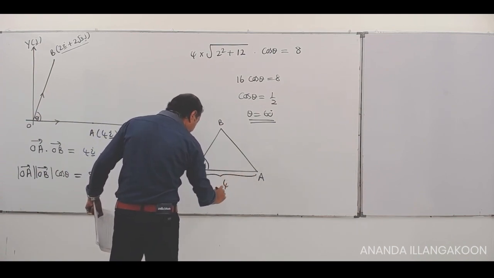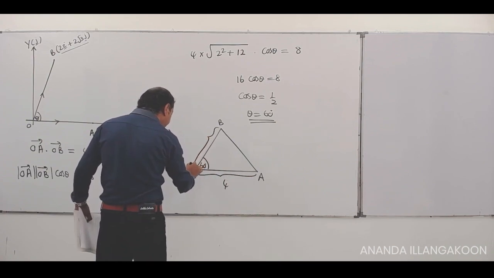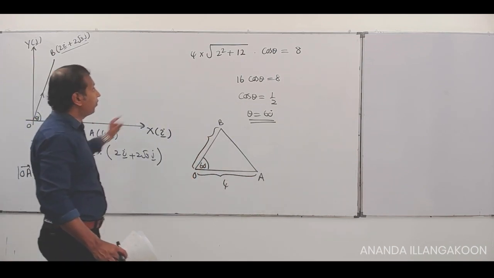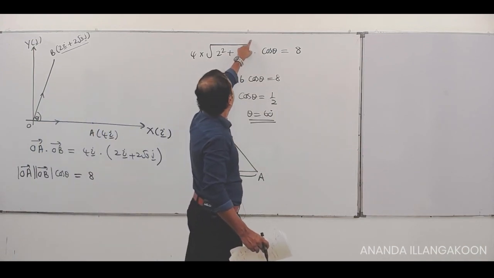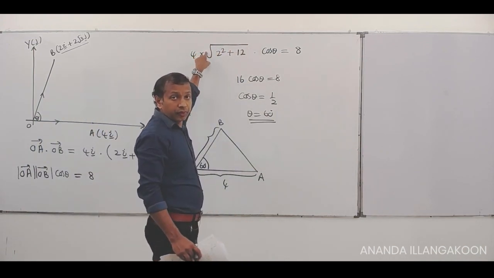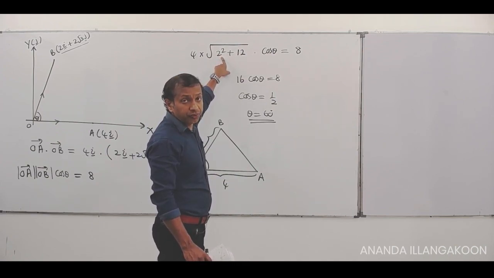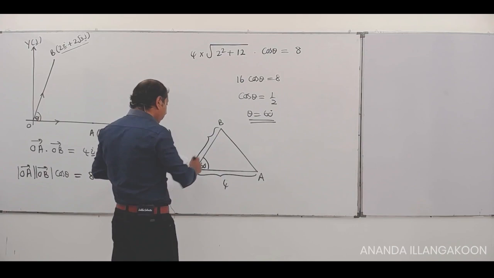This is 4 units. OB length means OB vector modulus. What is the answer? 12 plus 4, 16. Root of 16 is 4. Therefore, this is also 4.